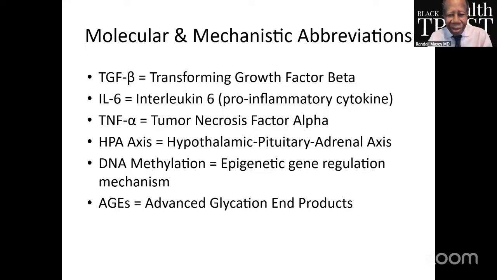HPA is the hypothalamic-pituitary-adrenal axis. That's for the psychiatrists to talk about. And DNA methylation, this is how things affect our genes epigenetically, and certain things can affect our genes and change them for generations. And AGEs are advanced glycation end products, and these are things that affect you if your blood sugar is high. Next slide.